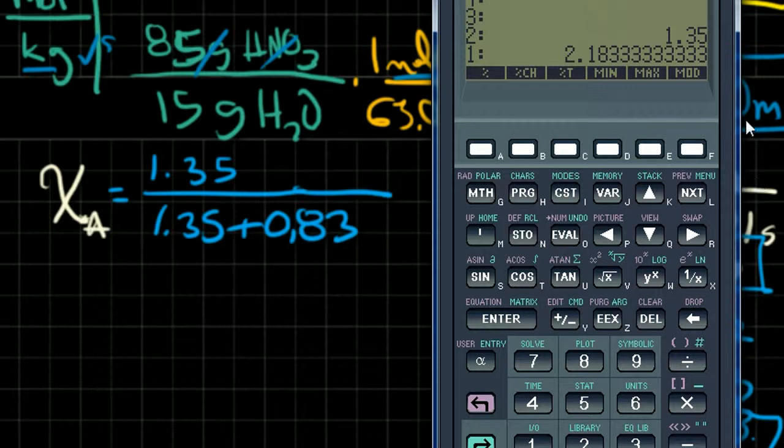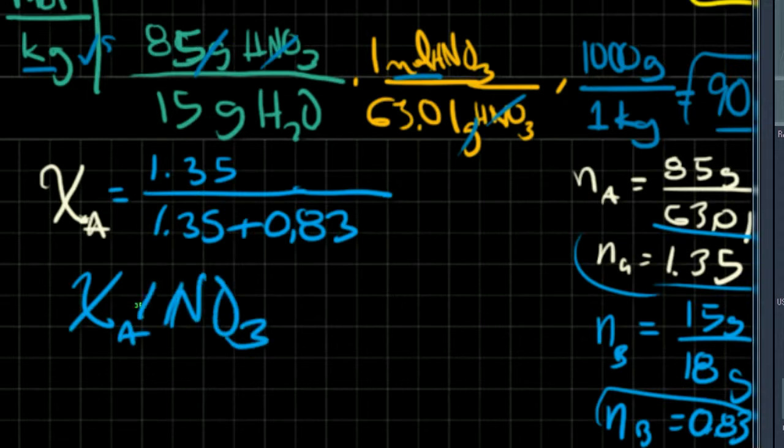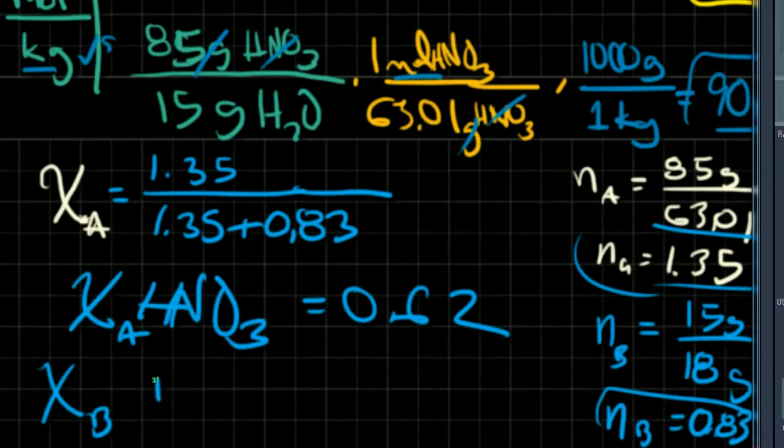This divided by this, that is the mole fraction of the nitric acid, HNO3, equals 0.62. And if you wanted the mole fraction of B, then that would just be 1 minus the mole fraction of A. And that's that.